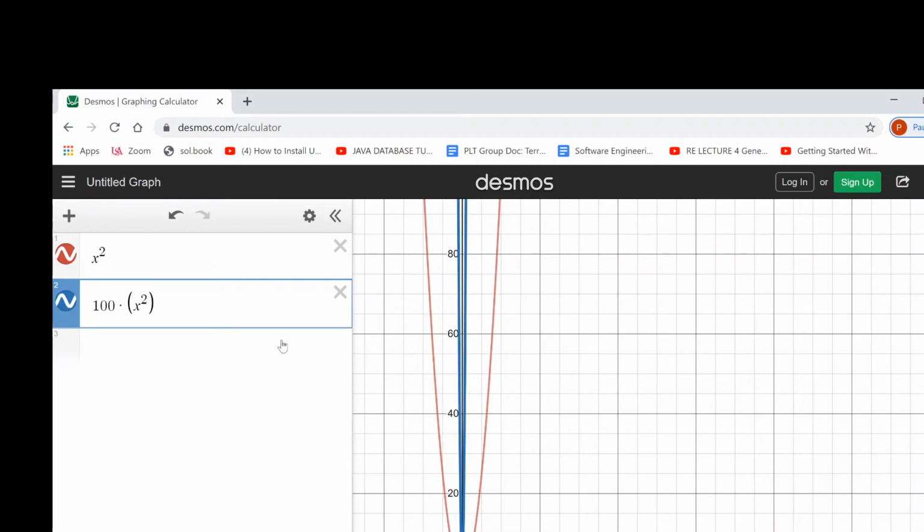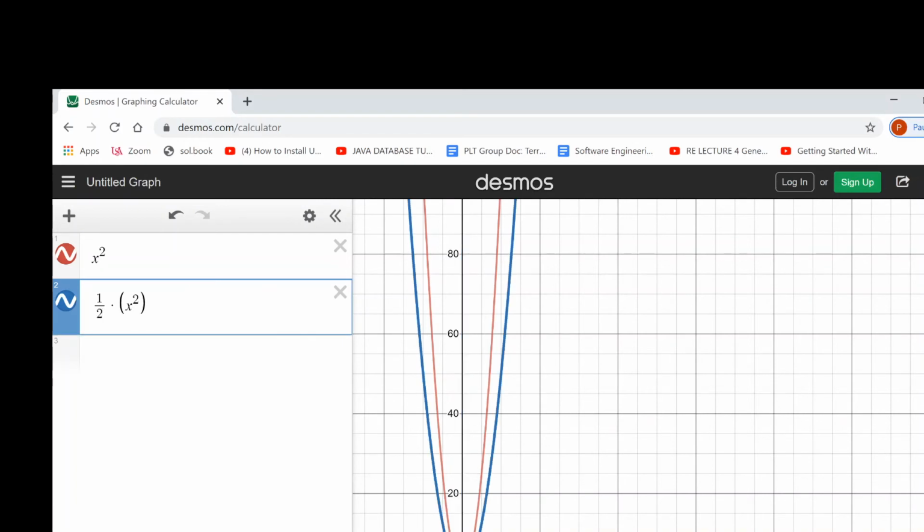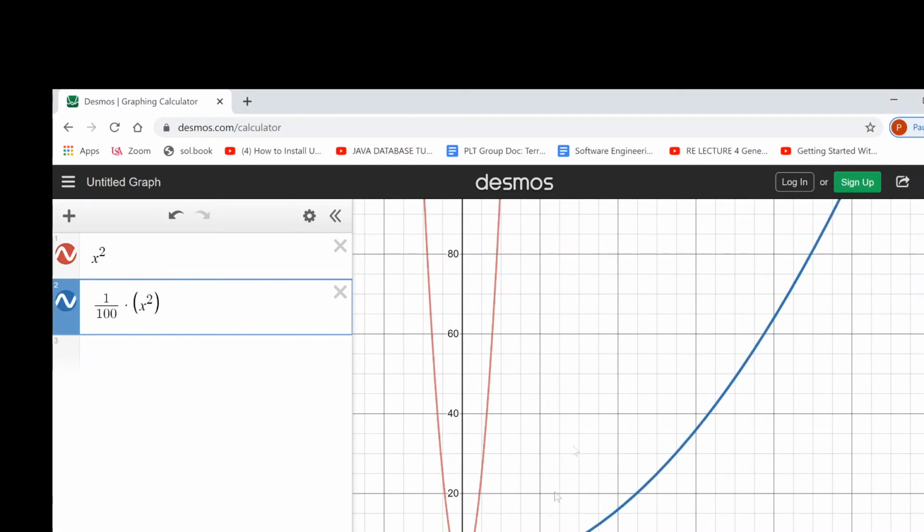So if we have a very, very large c value, like here our c value would be 100, you can see that this blue parabola is shrunken a lot. And if we change that to 1,000, eventually we're going to get to the point where, again, we're directly on the y-axis. And likewise, if we were to create smaller and smaller values of c, where we're approaching 0, you can see that the parabola is getting stretched out bigger and bigger.